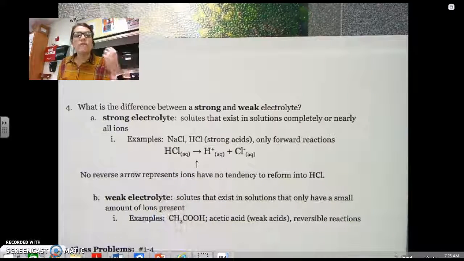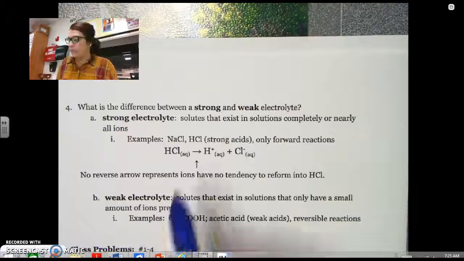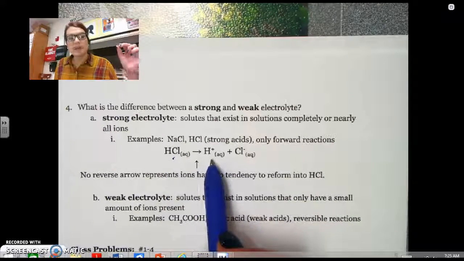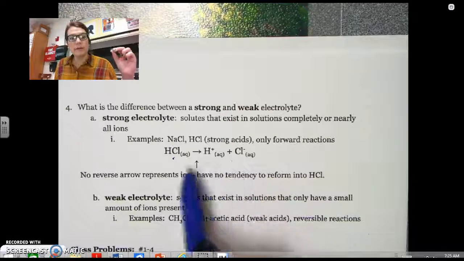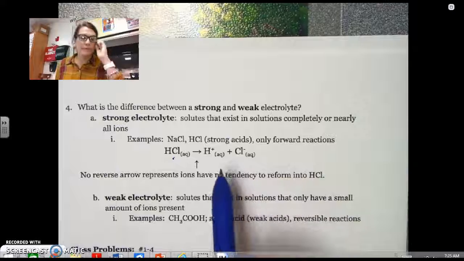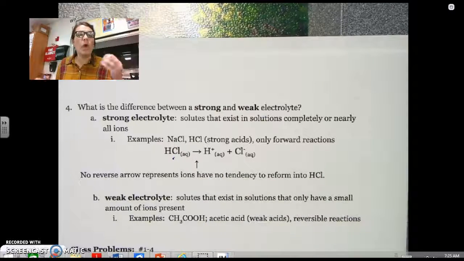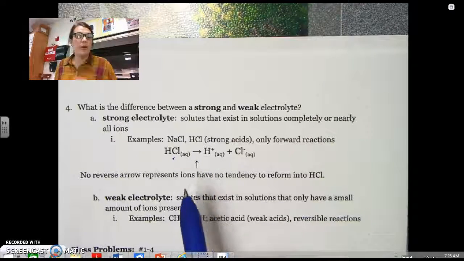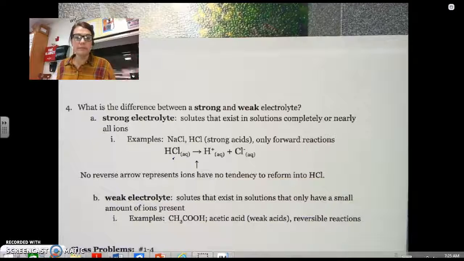There is only a forward reaction, meaning once I go from HCl to H plus and Cl minus, because this is a strong acid, there's no going back. Chlorine and hydrogen in water will not go back together. And we indicate this by just a forward arrow and no reverse arrow.